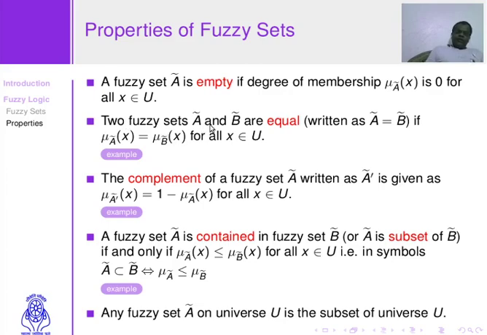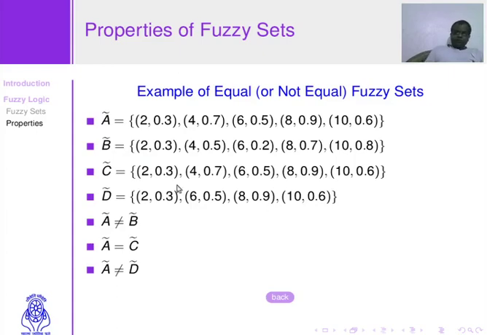Two fuzzy sets A and B are equal, written as given here, if and only if the degree of membership for all the elements in A are equal to the degrees of membership of all the elements in B. For example, let's consider an example.